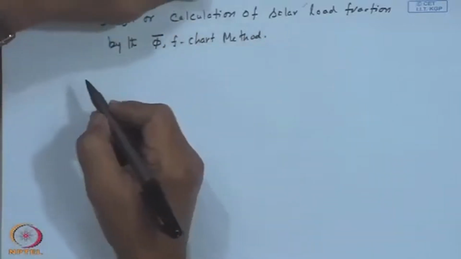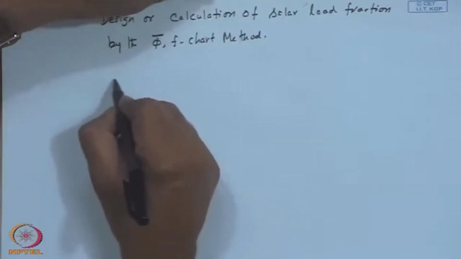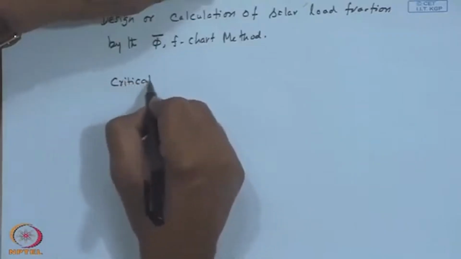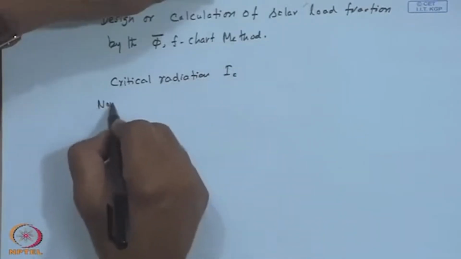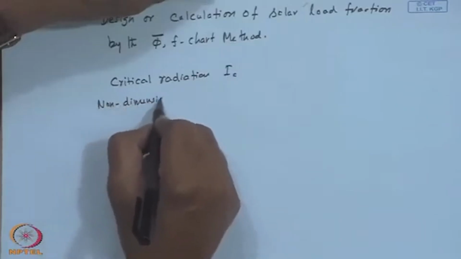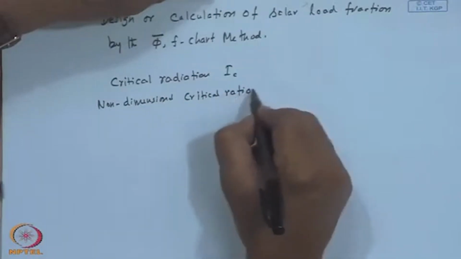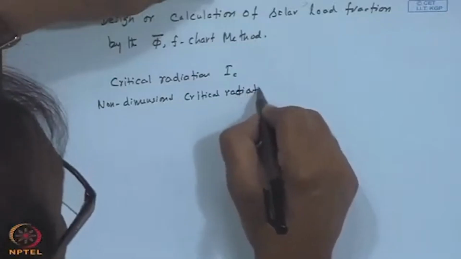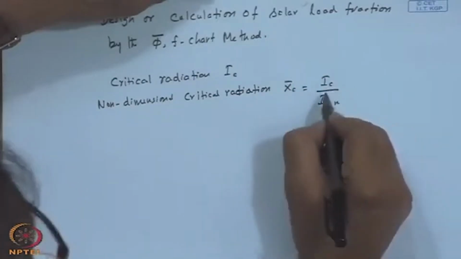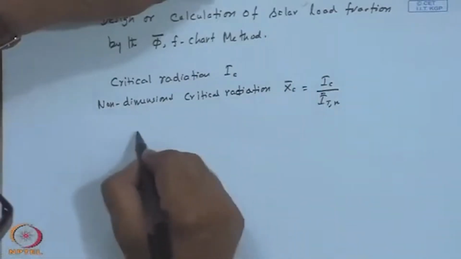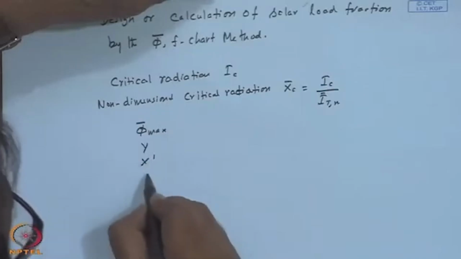So, I need the non-dimensional critical level first of all, for which I need the critical radiation level, IC, and the non-dimensional critical radiation, Xc bar, equal to IC by IT at noon on the average day of the month, and then phi bar max, Y, X dash and then f.